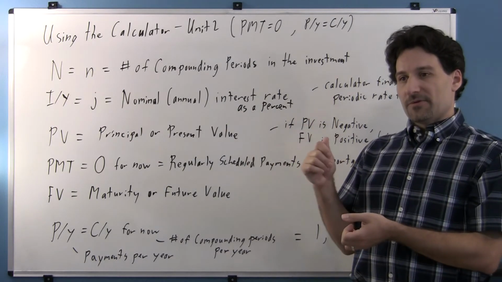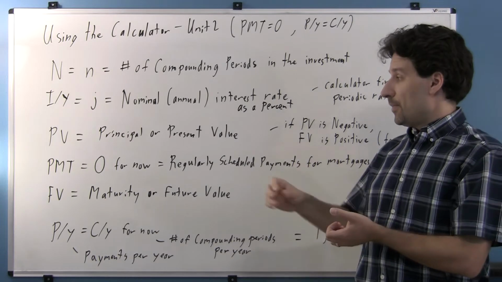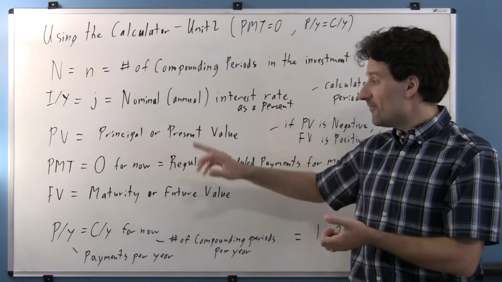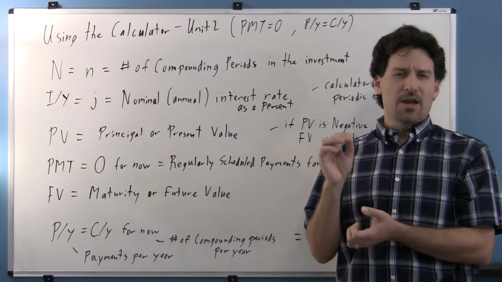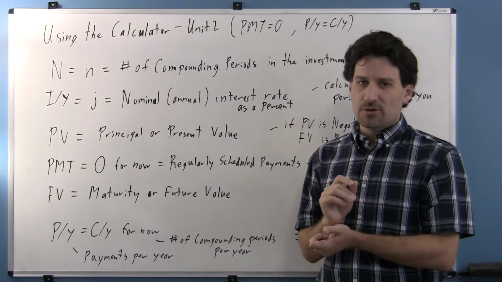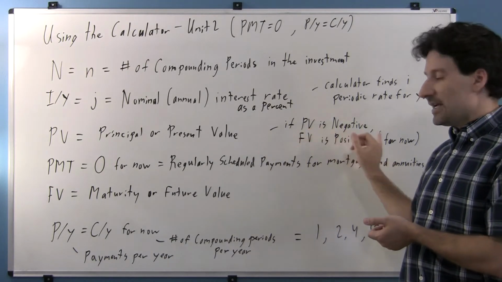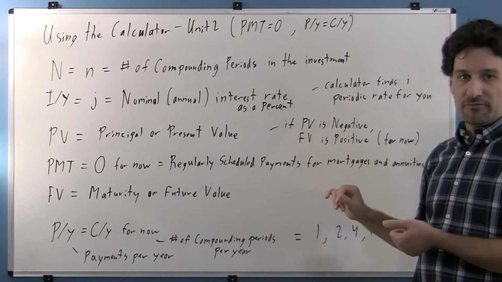So for this unit, payment is 0, and PV and FV are always going to be opposite signs in the calculator. It doesn't matter which way you do it. If PV is negative, then FV is positive, for now.